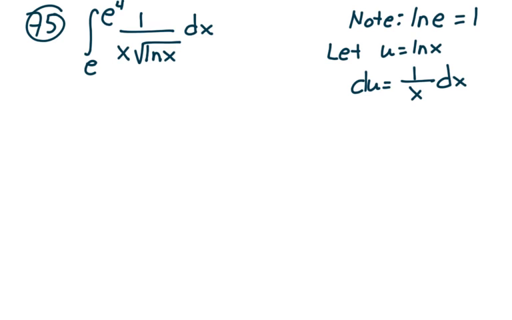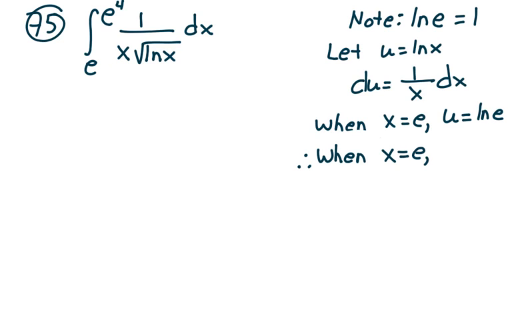Now, when x is e, u is natural log of e, right? So therefore, I'm going to say when x is e, u equals 1 because natural log of e is 1.